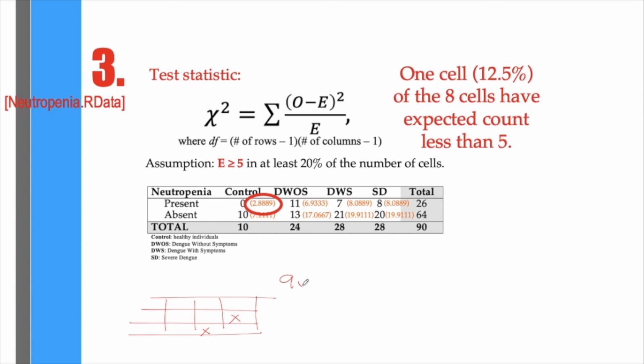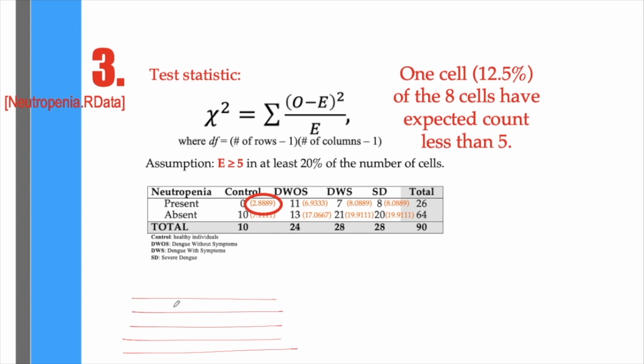Let's check. 9 times its 20% is 1.8, which implies that we're only allowed up to 1.8 cells having expected count less than 5. Since there are 2 cells which exceeds 1.8, then given this scenario, we're not allowed anymore to make use of the chi-square test of homogeneity.